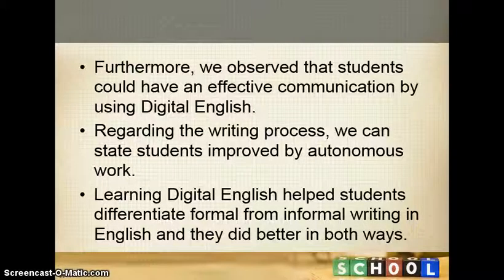Furthermore, we observed that students could have an effective communication by using digital English. Regarding the writing process, we can state students improved by autonomous work. And learning digital English helps students differentiate formal from informal writing in English, and they did better in both ways.